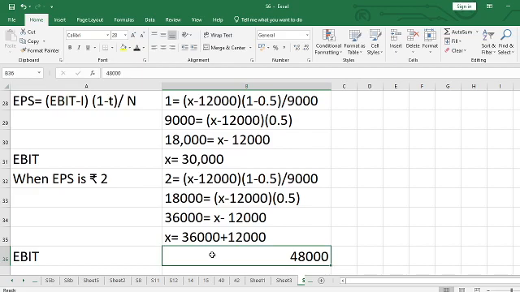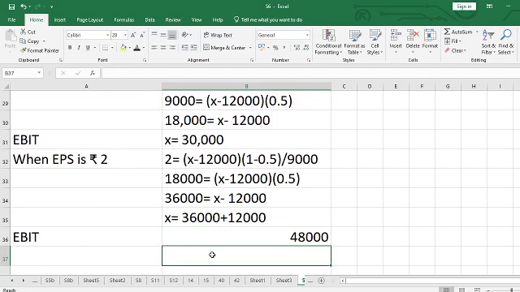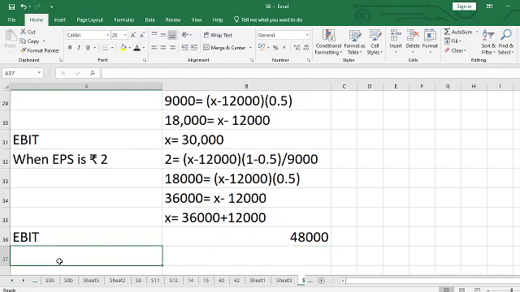So let us cross check. 48,000 minus 12,000, that is 36,000. 36,000 into 0.5, 18,000. 18,000 upon the number of equity shares, that is 9,000. So EPS is 2.